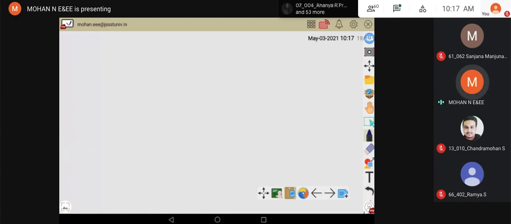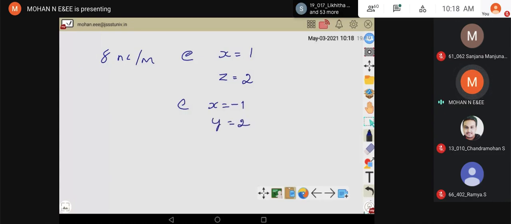Two uniform line charges, 8 nanocoulomb per meter, are at x is equal to 1 and z is equal to 2, and x is equal to minus 1 and y is equal to 2.